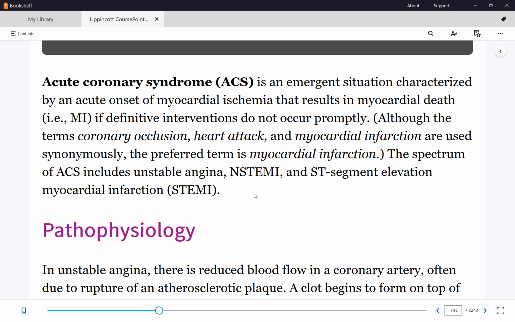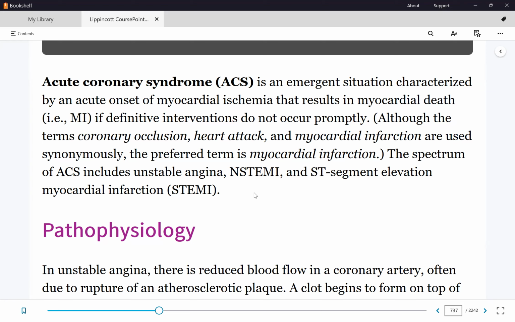Remember, BNP is exclusively for heart failure. Yes, it's possible that a heart attack patient can go into heart failure, but it doesn't really diagnose the acute coronary syndrome. So only two tests we will use to diagnose acute coronary syndrome. What are they? Cardiac enzymes and EKG.